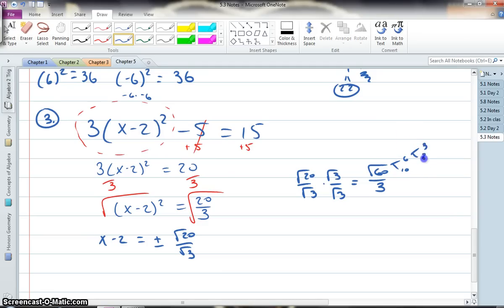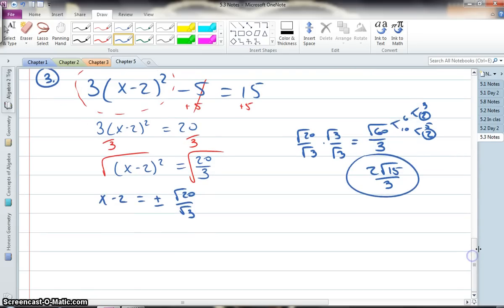So I get 3 and 2, 5 and 2, which gives me 2 root 15 over 3. So I'm just going to rewrite this with the simplified version. So x minus 2 equals plus or minus 2 root 15 over 3.